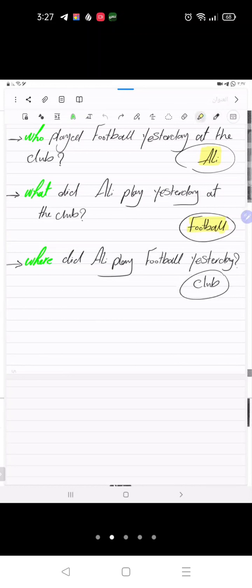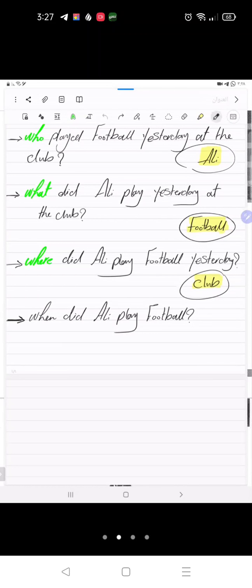Could any one of you make another WH question about the same sentence? Yes, you could. When did Ali play football in the club? Excellent. When did Ali play football?